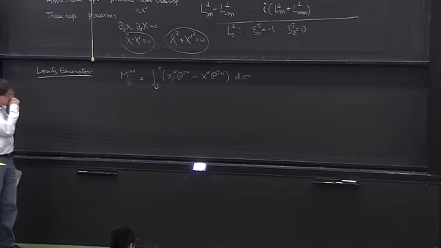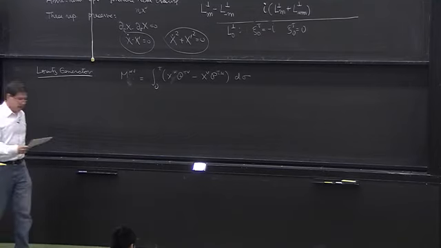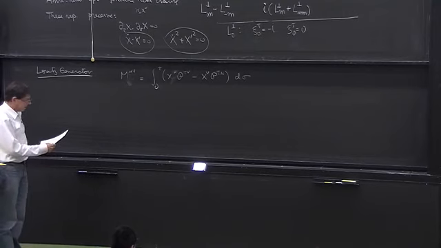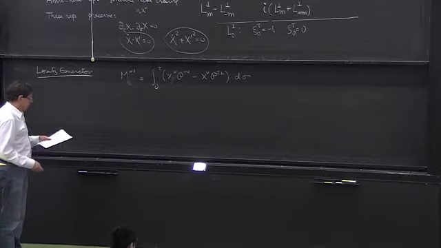These were our Lorentz generators. They were conserved charges associated to Lorentz symmetries. And we can write them explicitly, what they are.